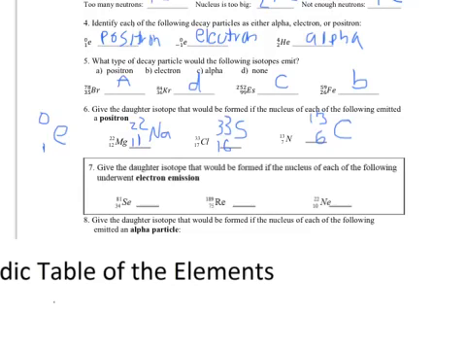Now, in this case, these isotopes are undergoing electron emission. So the trick here is to make sure you know that electrons look like this. The isotopic symbol for it is that. And emit means to get rid of. So when we emit one of these, the top will go down by 0 and the bottom will go down by -1. So when you subtract -1, it's the same as adding 1, because what was a neutron becomes a proton.